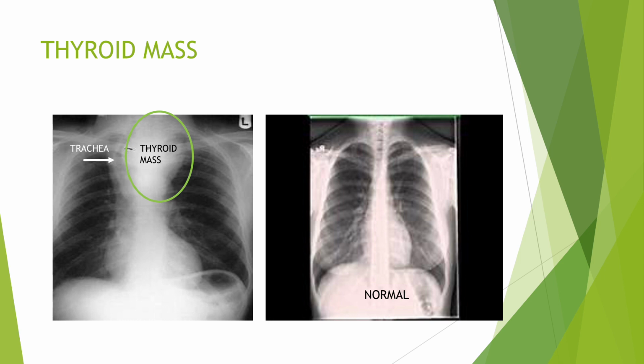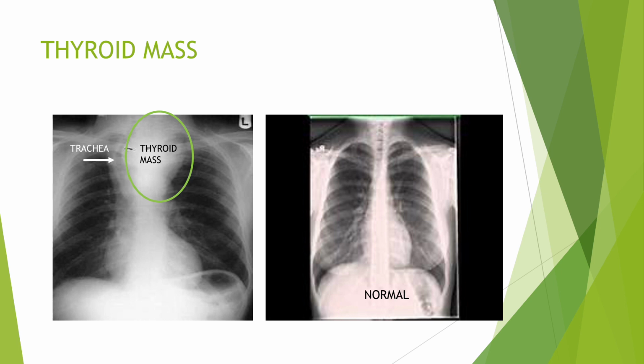So here is an example of a thyroid mass. On the left side, you can see the enlarged thyroid gland going into the mediastinum. The arrow is pointing to the trachea, which is deviated to the right side.